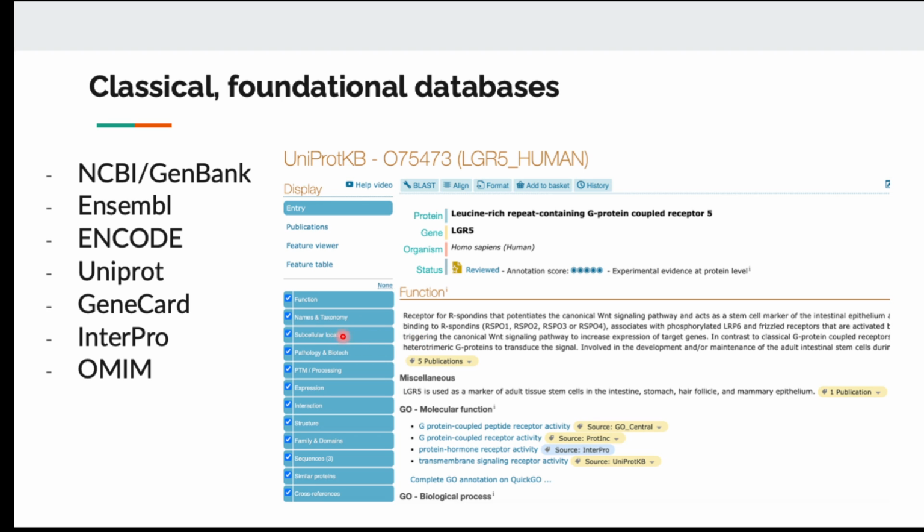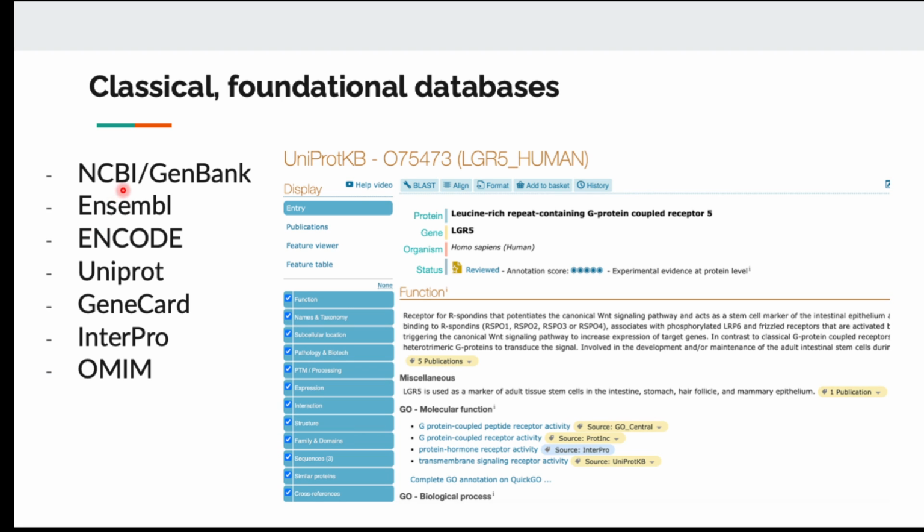They will tell you about the localization of that protein inside the cell. They will tell you about the post-translational modification that occurs on that protein. They will tell you about the expression level for that protein in different tissues. They will tell you about the 3D structure of that protein and more. So basically, you go to one knowledge base and you get to learn everything about a protein, everything about a gene, or everything about a drug, for example.